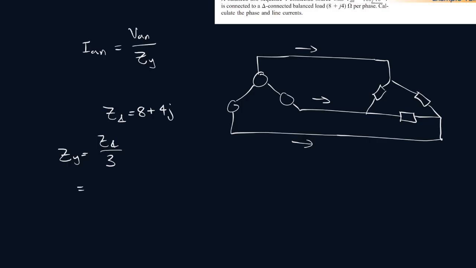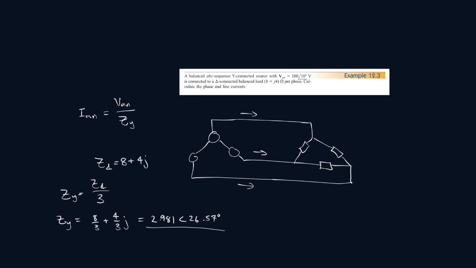So we just have to divide this by 3. So 8 over 3 plus 4 over 3j is equal to ZY, and that is just 2.981 phasor 26.57 degrees. Okay, so we have that down.